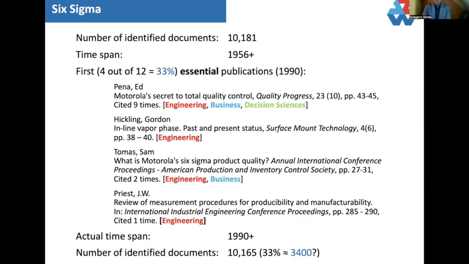Okay, so it proved that there are many documents related to Six Sigma, but unfortunately, the essential publications date from 1990 only, because before that time, Six Sigma was applied as a kind of statistical methodology. And as you can see from the initial data, from the start, Six Sigma was applied to different areas like engineering, business, or decision sciences.